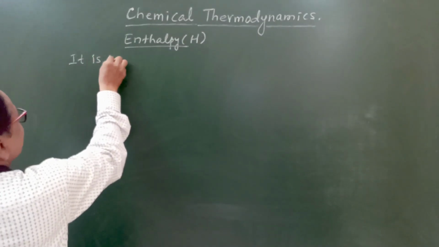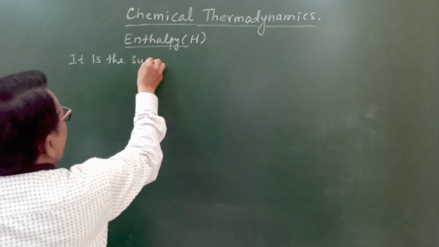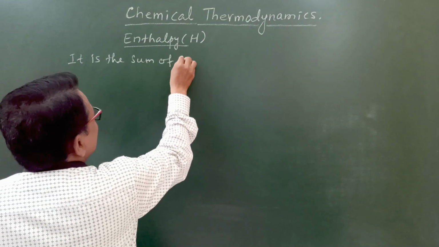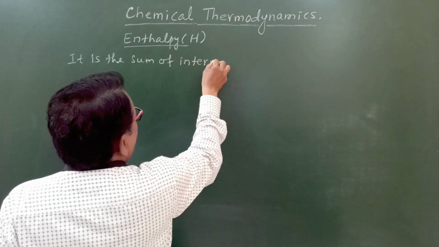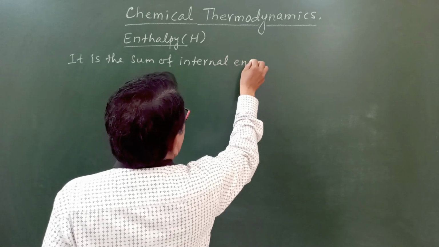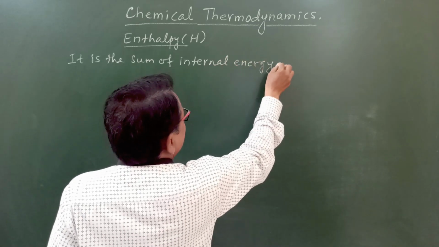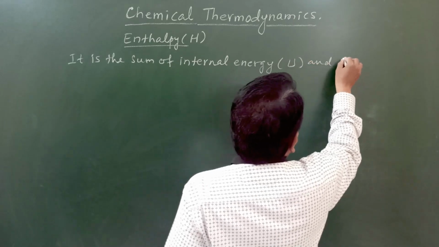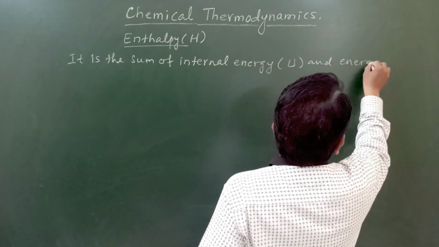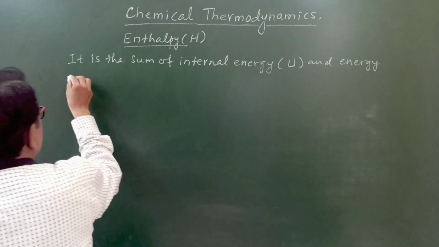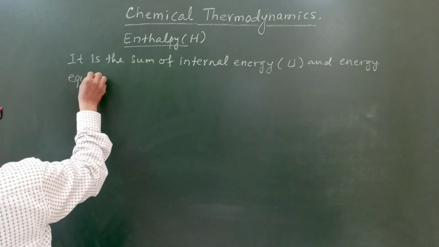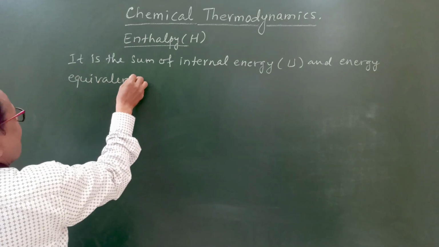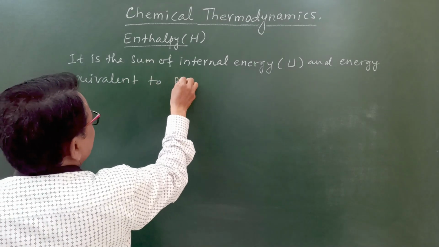You see here, how we can define it? It is the sum of internal energy, which is denoted by U, and energy equivalent to PV work.